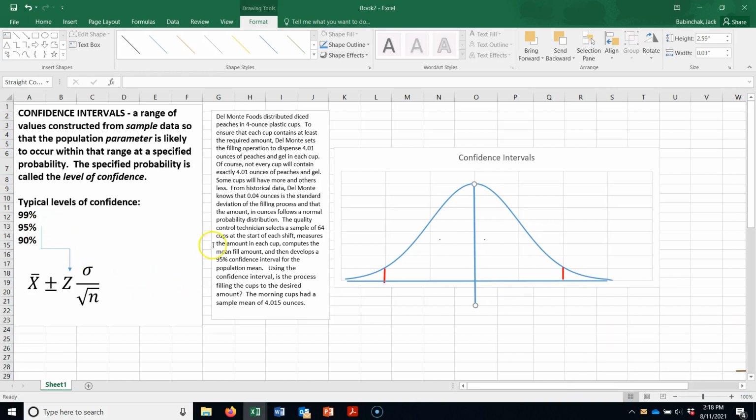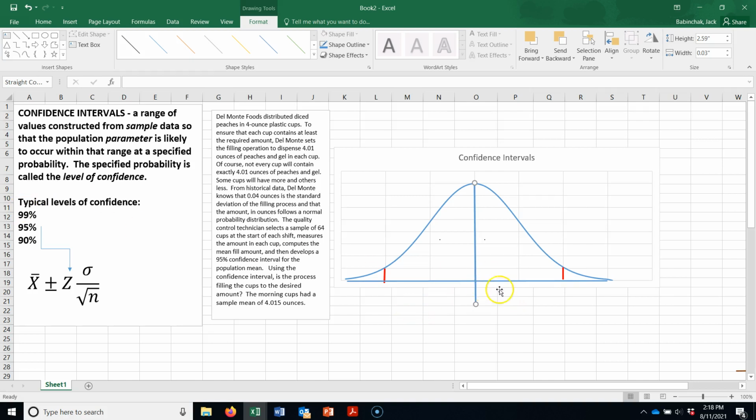If I were to set this at 99%, these red lines would be moved out even more, and it would be harder for me to not have my population mean within that interval, okay? With 90%, it would actually be a little tighter, and there's a greater chance that my actual population mean is going to be outside of that interval, okay? So that's what we're really trying to do. We're trying to predict what the population mean is by coming up with some range that will contain the population mean.